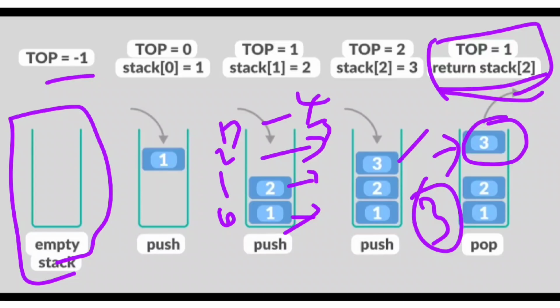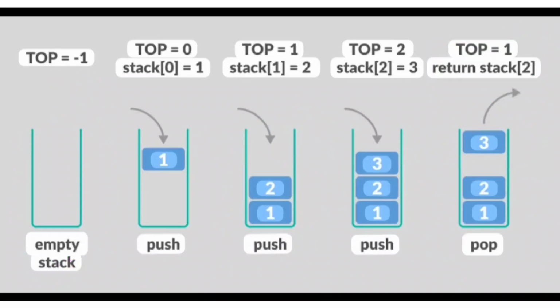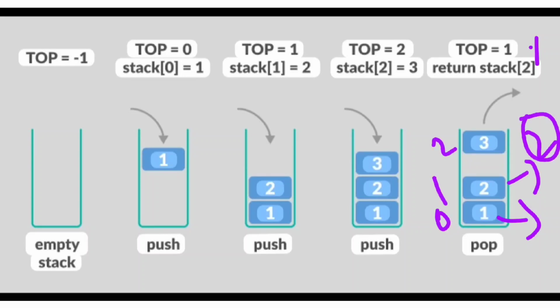Pop means we remove the element, and peek means return the element. If I want to take those elements, we should use this return statement, return algorithm, in your coding. Then only I can get that stack 2 value is 3. For example, here I am putting stack 1. What is the value of stack 1? This is your 0, 1, 2. Yes, stack 1 value is 2. So you will get the answer 2.